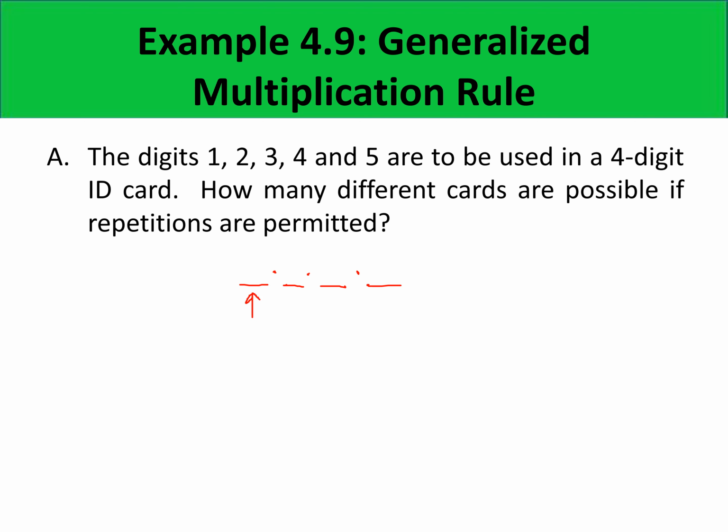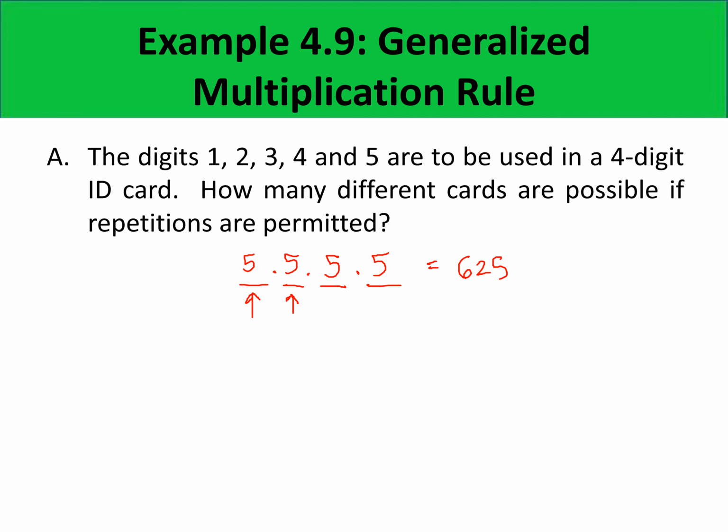In the first position, we can use any of the 5 digits given in the problem. Since repetition of digits is permitted, we can still use any of the 5 digits for the second position. That goes true as well for the third and the fourth position. So using the generalized multiplication rule, we get the product of these values and we get 625 4-digit ID cards where repetitions are permitted.